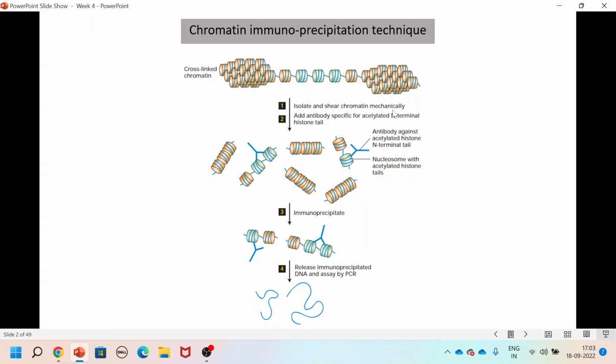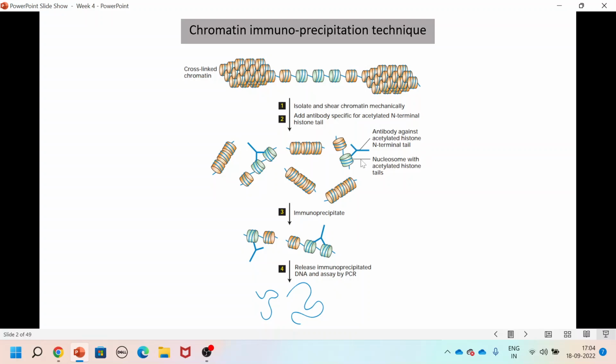chromatin mechanically, and then we add antibodies which are specific for acetylated N-terminal histone tail. The use of antibody depends on your purpose. In this figure, the purpose is to check the dynamics of the chromatin, whether it is acetylated or methylated. We have used antibodies specific for the acetylated N-terminal histone tail, and therefore it will only bind to the residues which are acetylated.